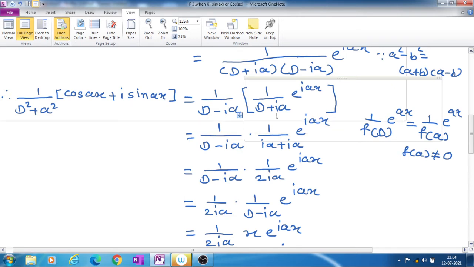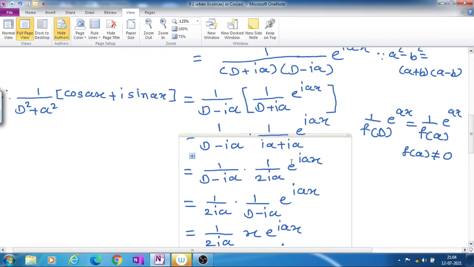So first you remember that first operate this 1 upon d plus ia. So we substituted d by ia, it becomes 1 upon ia plus ia, that is 1 upon 2ia. So here is 1 upon d minus ia into 1 upon 2ia e raised to iax.